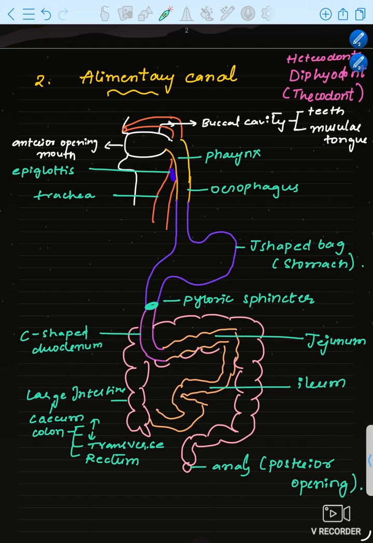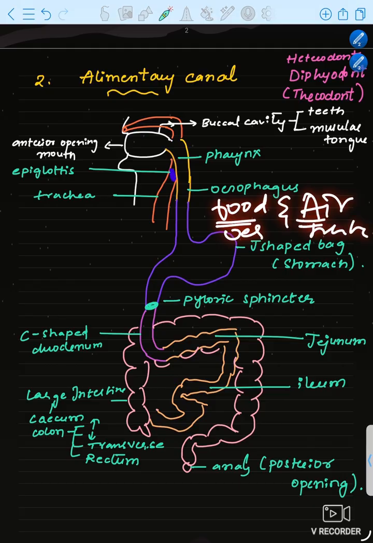Next, from the buccal cavity, what is the passage of the digestive system? That is the pharynx. Pharynx is a common passage for food and air: food means esophagus and air means trachea.